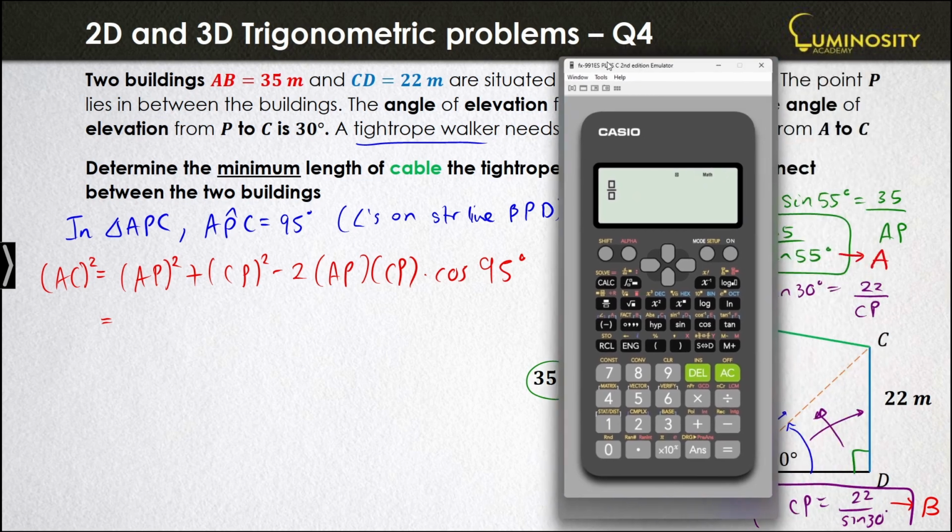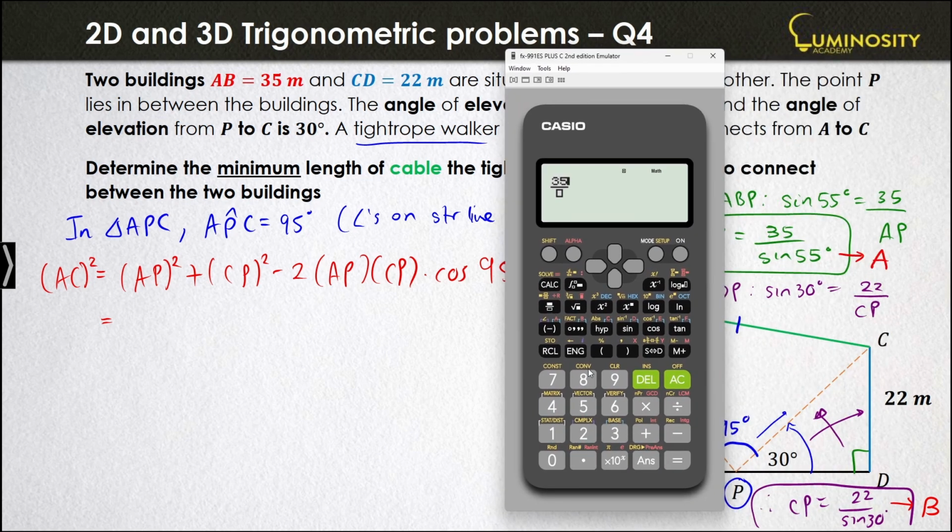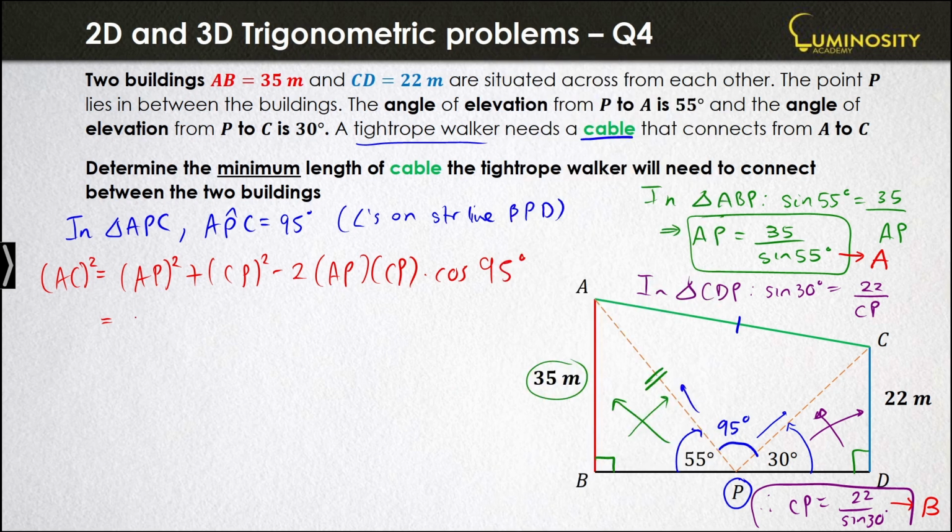So, we said AP is 35 divided by sine of 55 degrees. So that value there, I'm going to take it exactly as it is. I'm going to shift RCL for store, and then right above it, A. Then for CP, I have 22 divided by sine of 30 degrees, and that exact value, I'm going to shift store into B. So now essentially this AP becomes just this A squared on my calculator, plus this CP, which is B squared, minus 2 times AB times cos of 95 degrees.